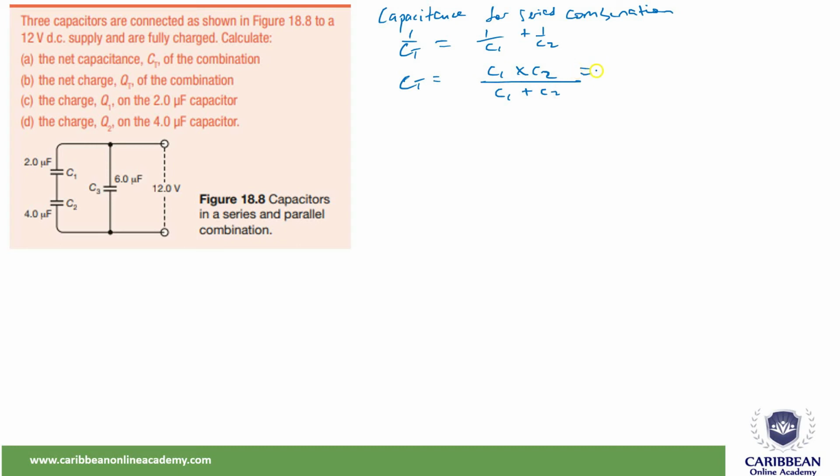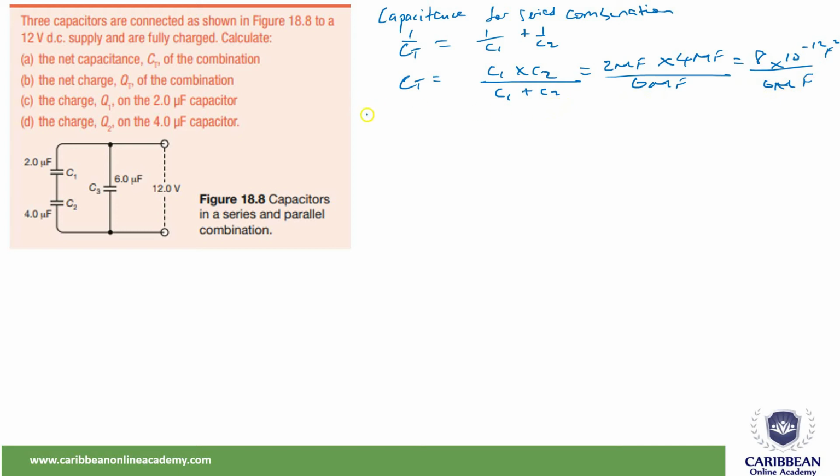And if we were to go ahead and calculate that, we have the 2 microfarads multiplying by the 4 microfarads, divided by 6 microfarads. When we do the numerator, we get 8 times 10 to the negative 12 farad squared, divided by the 6 microfarad, which is the same thing as 6 times 10 to the minus 6.